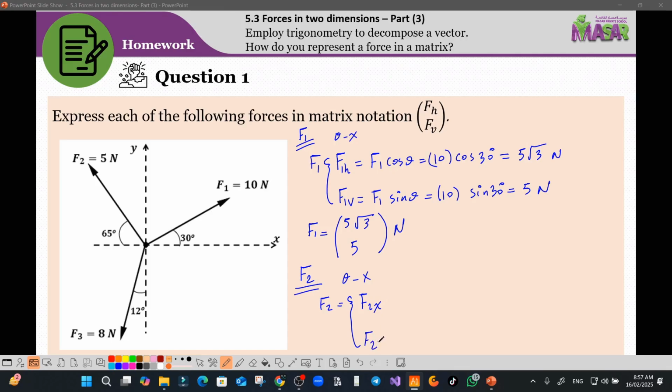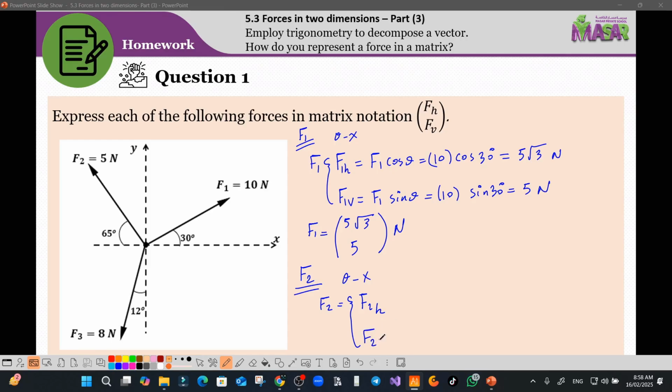F2x and F2, let me write it as F2h, just for consistency, because I used h here, so I will use the same index for the other forces.